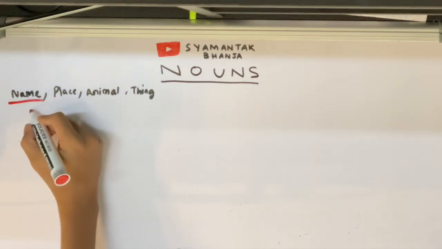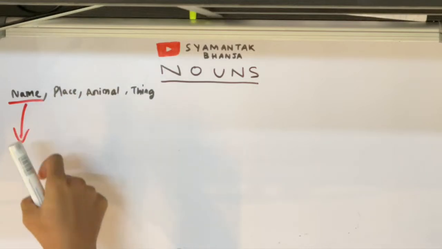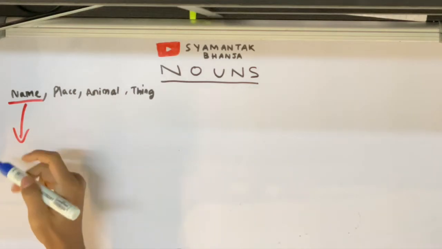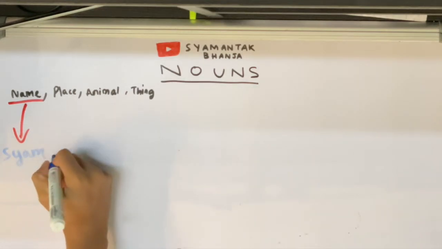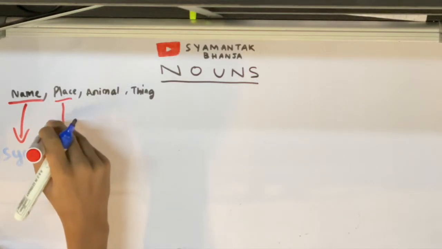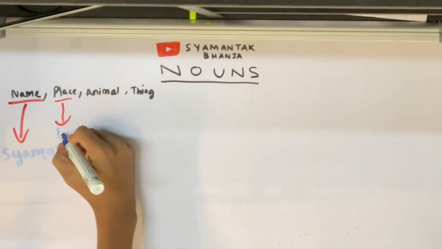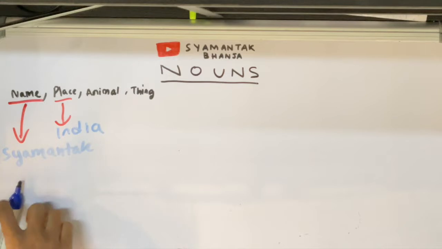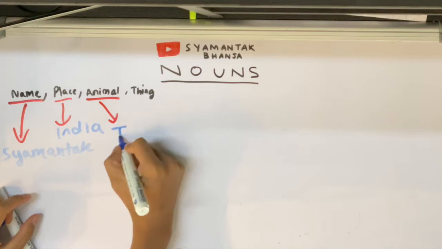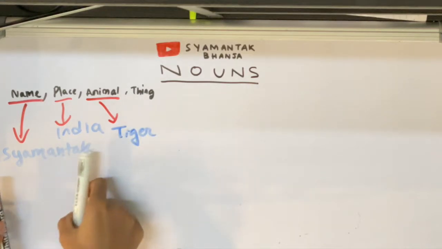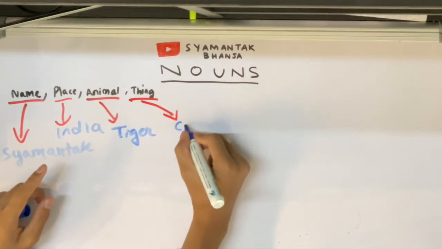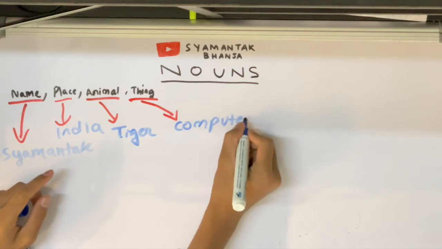So for example, for a name I could give my name. So my name is Syamantak, and a place I could give is India, and for an animal I can give tiger, and for a thing I can give computer.